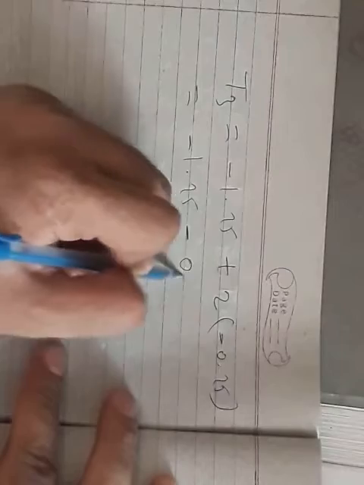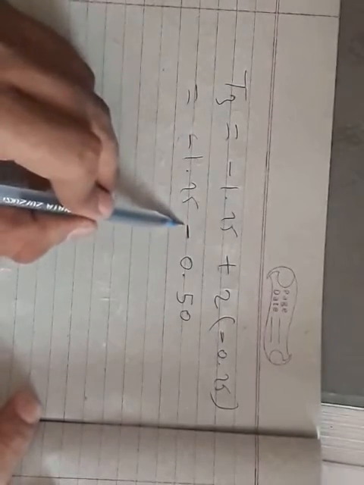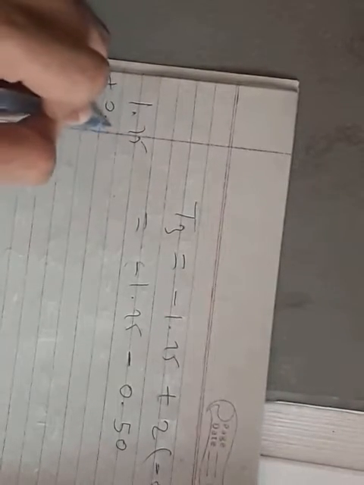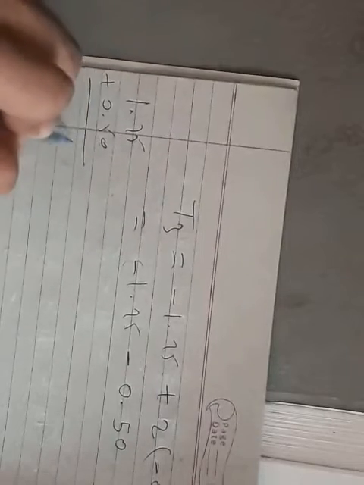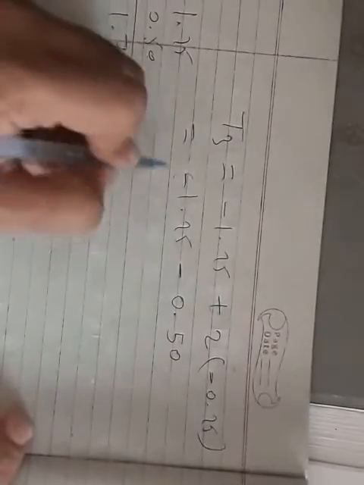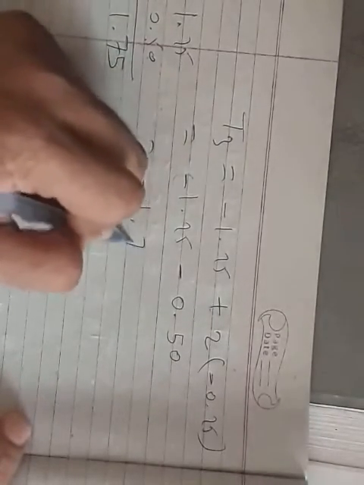So we can multiply 2 and have 0.50. Same sign again, so we are going to add them. 1.25 plus 0.50: 5 plus 0, 5. 5 plus 2, 7. 1 plus 0, 1. So it is minus 1.75. That is T3.